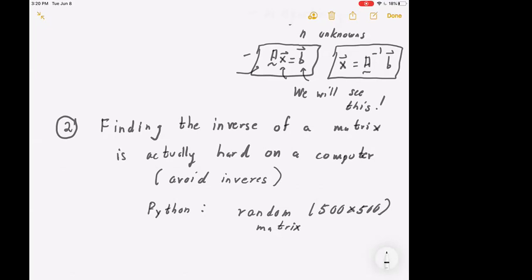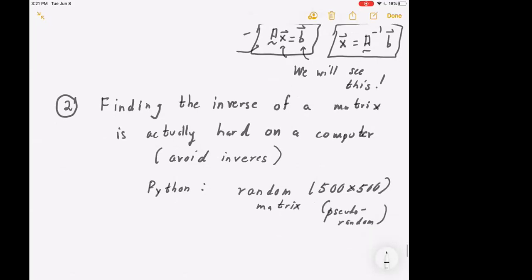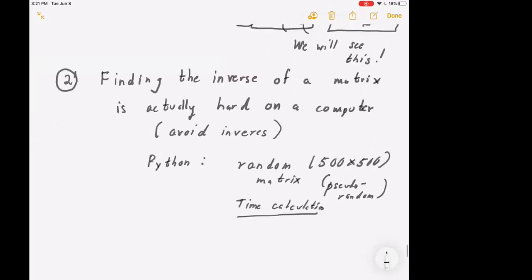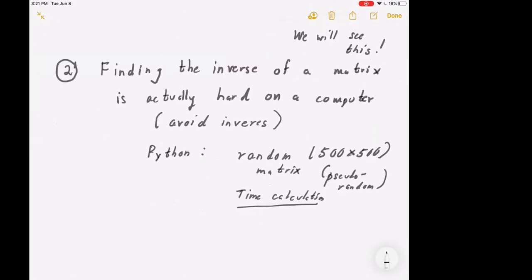So this is really a random matrix. As I said in the problem set, it's really not a random matrix. It's a pseudo-random matrix for reasons beyond the scope of the course. But if you think about it, you can prove that to yourself. And you could actually use Python to time this calculation and see how long it takes Python to compute the inverse of a square matrix of order 500. Again, you would not want to take the inverse of a matrix that's not square, doesn't exist, at least at an elementary level.